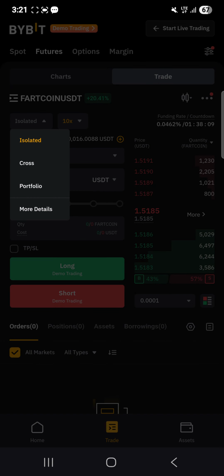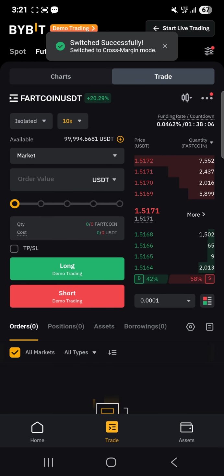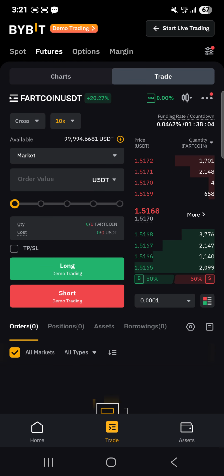But if I switch from isolated to cross, I will not just lose that $100, but I will lose everything, every USDT that is available on this Bybit account.